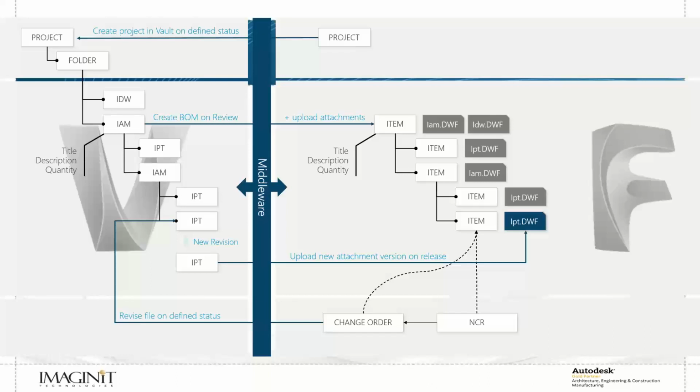How to look at this diagram: my hosted Vault environment is on the left, and Fusion Lifecycle is on the right. In the middle, we have a middleware that pushes this information one direction or the other. So that's going to either pull from Vault or pull from Fusion Lifecycle to create the different things.